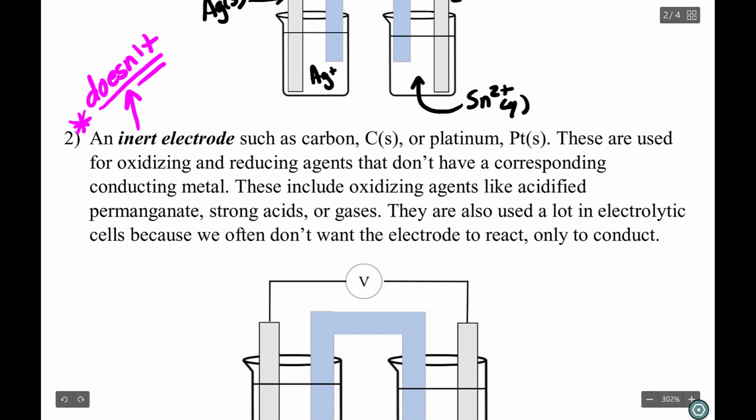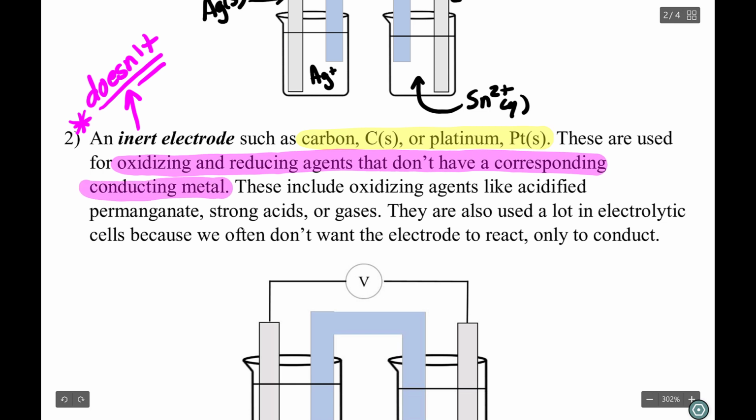So there's 2 types of inert electrodes we really come across, which are carbon solid, this would be graphite carbon, or platinum. Literally pencil lead conducts electricity. So what's the point of using an inert electrode? The majority of the time why we're using an inert electrode is we're using oxidizing and reducing agents that don't have a corresponding conducting metal.